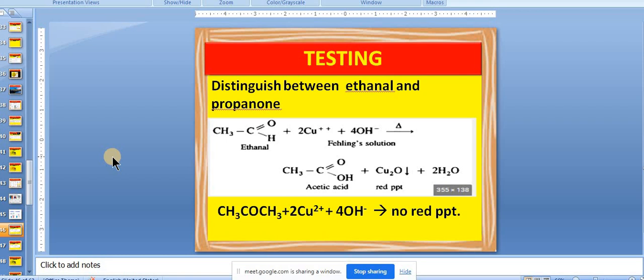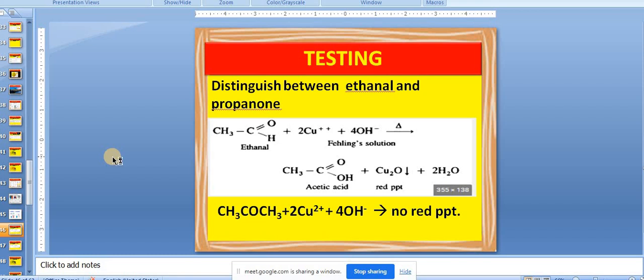Please write yes if you can. Whether we can do the test with Tollen's reagent and Iodoform.